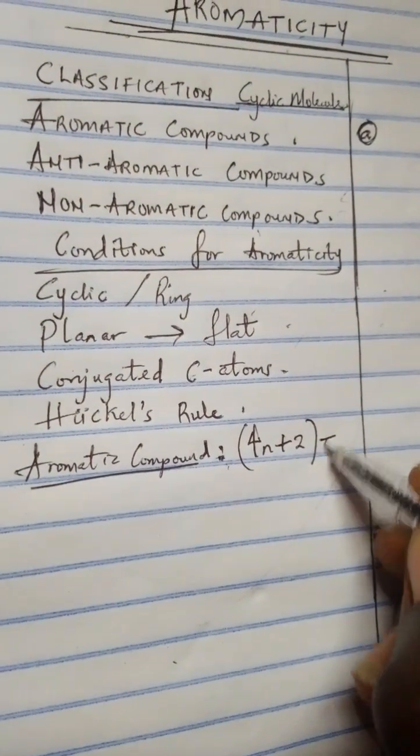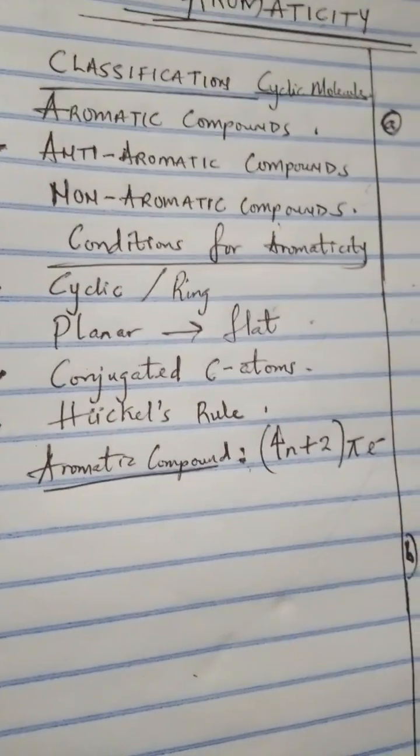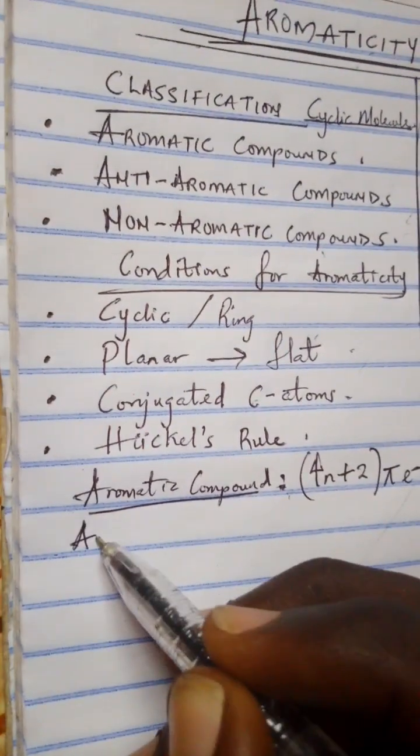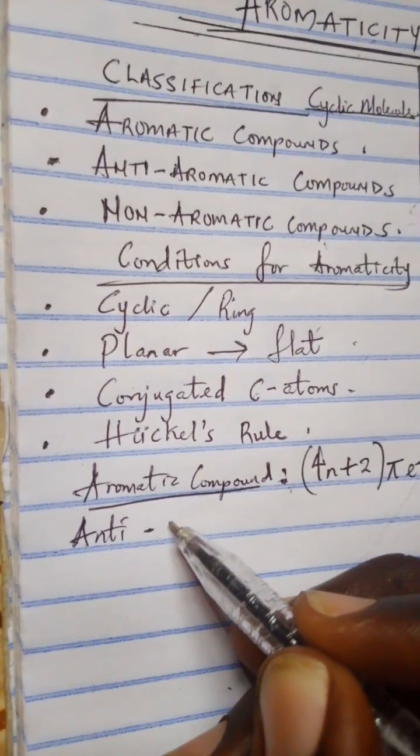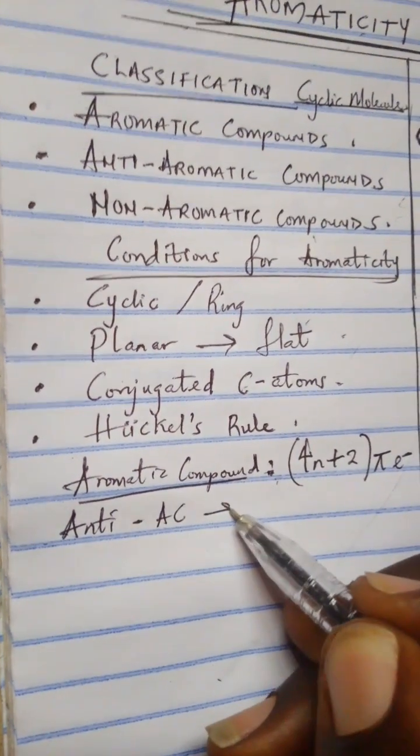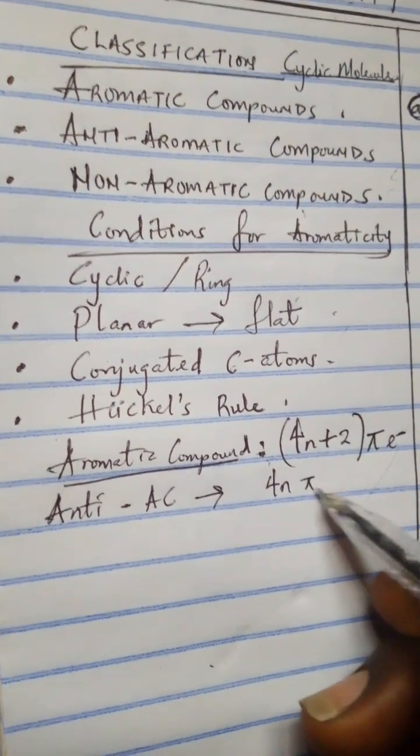That is 4n plus 2 pi electrons. But for an anti-aromatic compound, it will be 4n pi electrons.